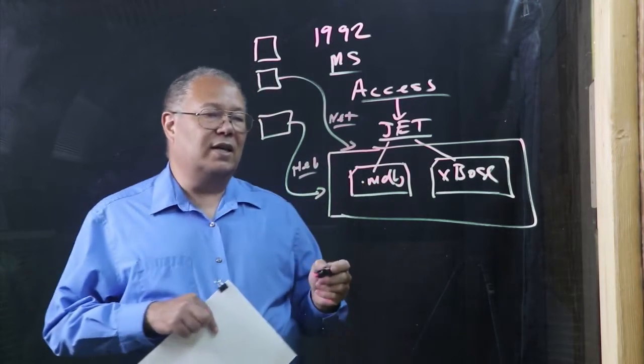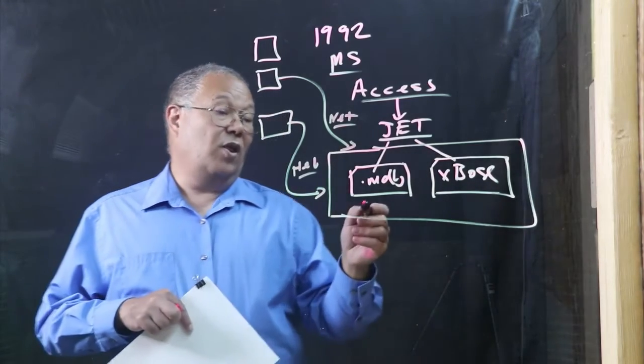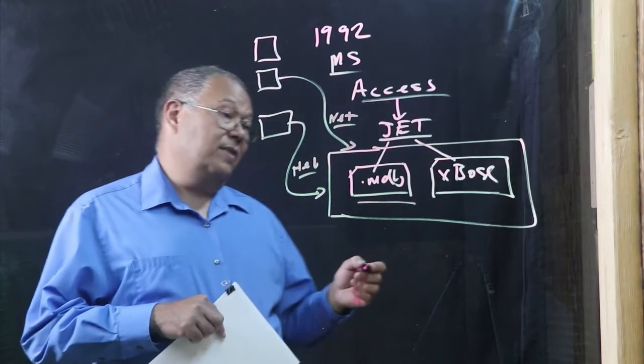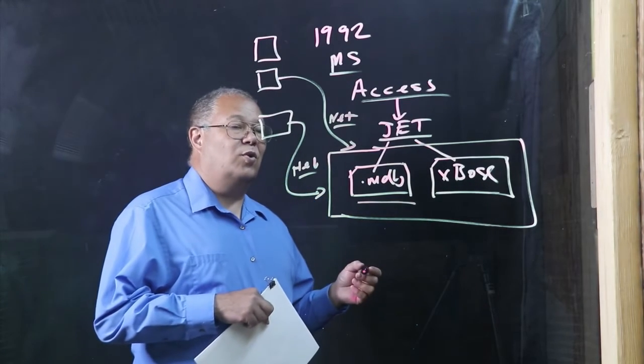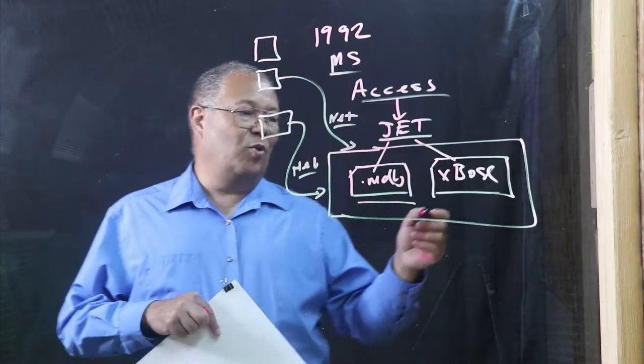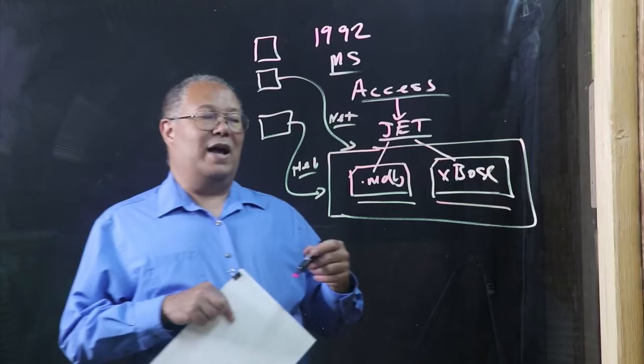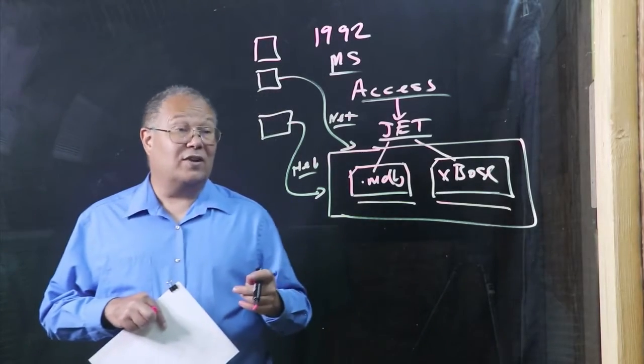So basically, each person was running a copy of the JET engine, but they could lock these files and get transactions to work.